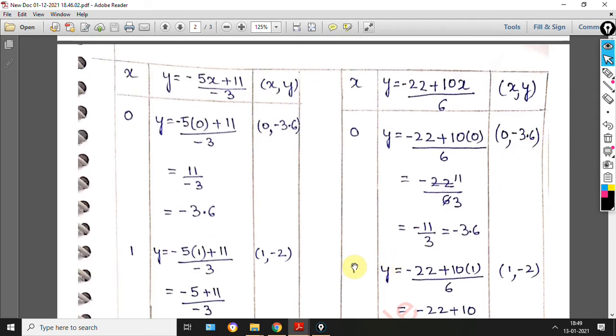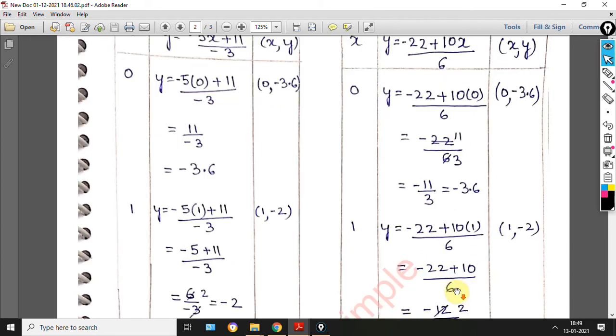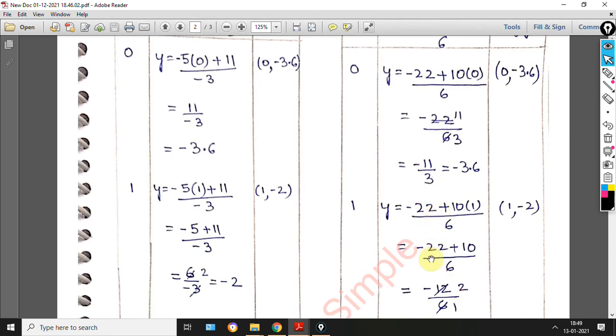Next, we are taking x as 1. So y equal to how much will we get? Minus 22 plus 10 into, how much is x here? 1. So in place of x we are writing 10 into 1, whole divided by 6. Next, minus 22 will come as it is, plus 10 ones are 10 we will get, whole divided by 6.